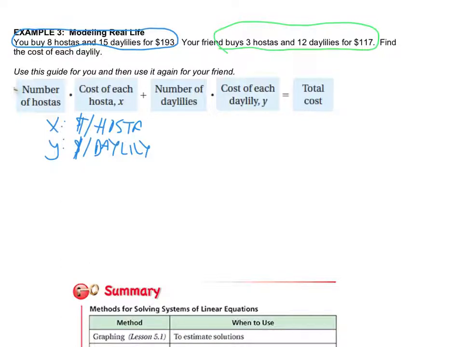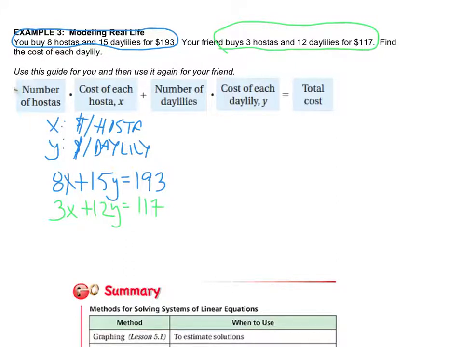So we had 8 hostas at some cost plus 15 daylilies at some cost, and our total bill was $193. Our friend only bought 3 hostas and only bought 12 lilies, and their bill is $117.